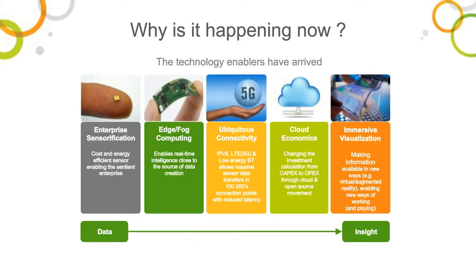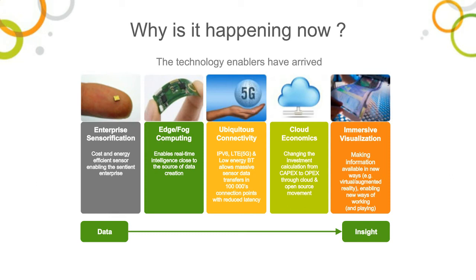And why is it happening now? Why are companies like McKinsey putting so much value on it? If we look at this journey from data to insight, starting with the sensor side of things, sensors are becoming much more cost-effective, much smaller and energy efficient, to the point that they can carry on without being recharged for an almost indefinite amount of time.